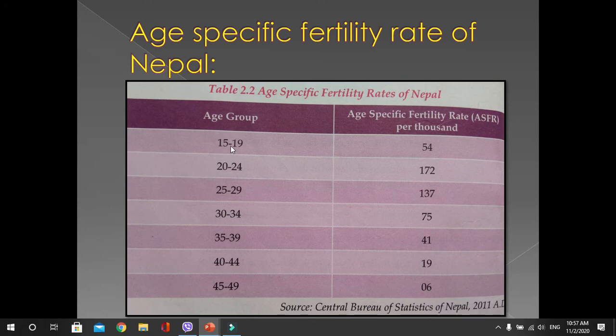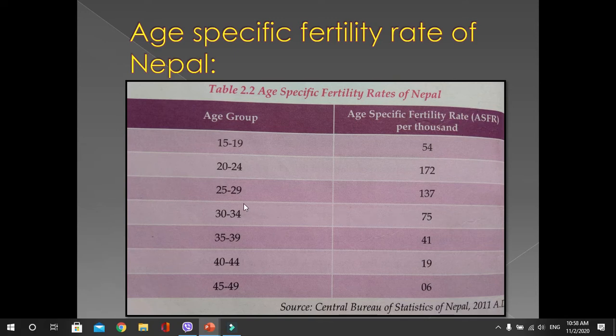In these age groups, there can be different fertility rates. Like from 15 to 19 years, what is the fertility rate? 54 per 1000. But in 20 to 24 age group, the fertility rate is high, 172 per 1000. This is fertility rate of this age group.